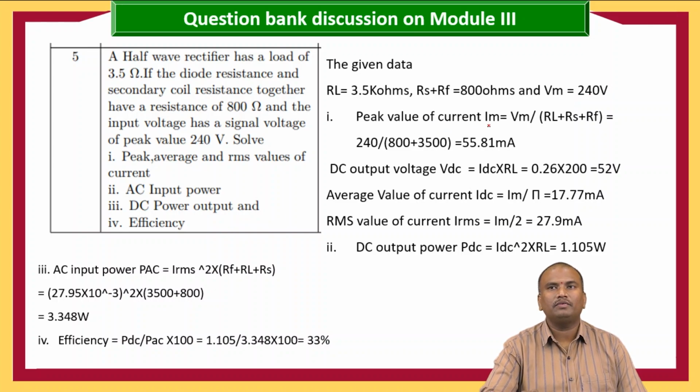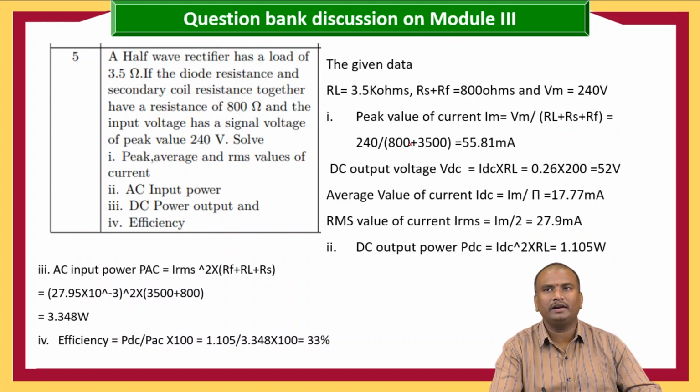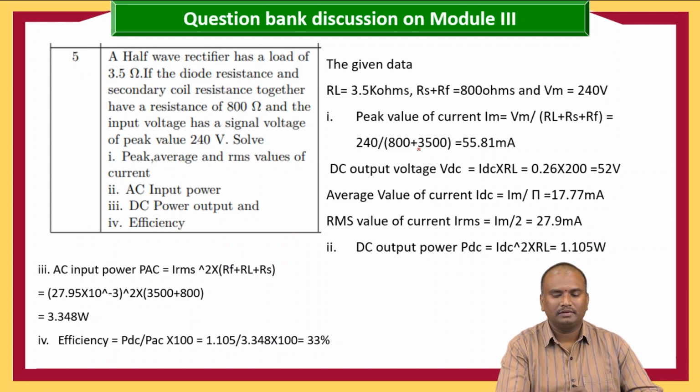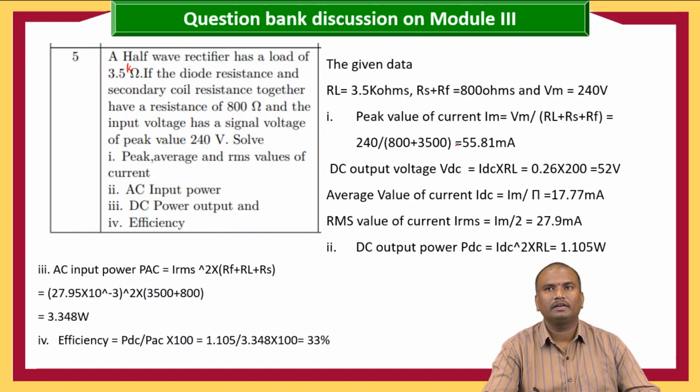The peak value of current Im is equal to Vm by (RL plus Rs plus Rf), which is 240 by (3500 plus 800). This is 3.5 kilo ohms plus 800 ohms, which gives 55.81 milliamperes.